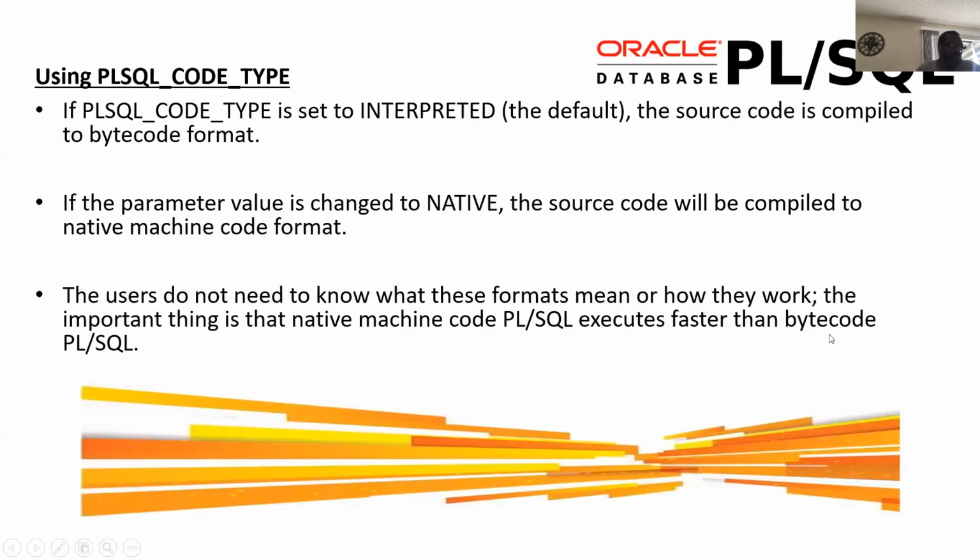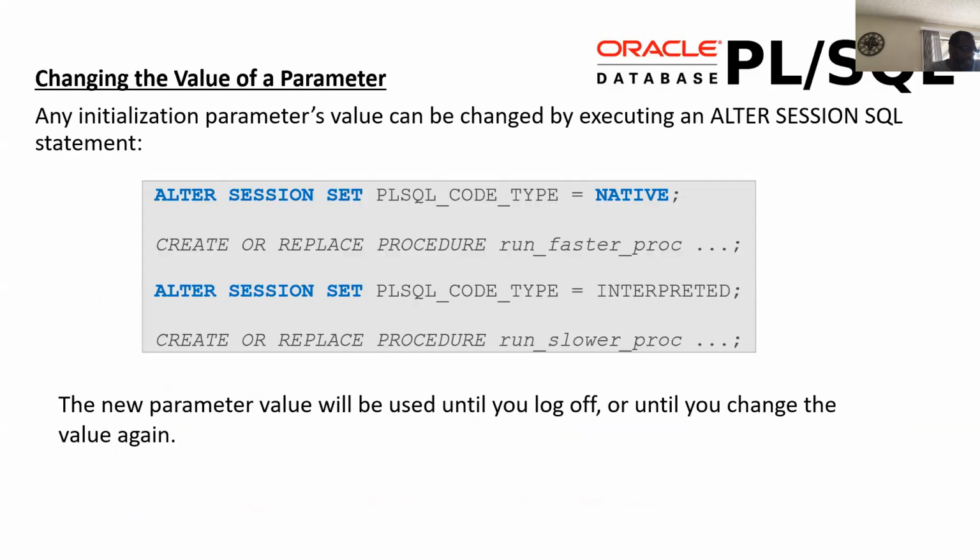Okay, so kind of going off Eric's question, if the PLSQL code type parameter is set to interpreted, it, actually that's incorrect. The default is native. Is that how it's listed in your lecture from Canvas?